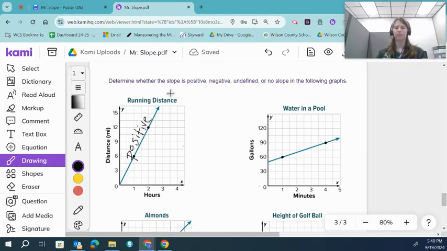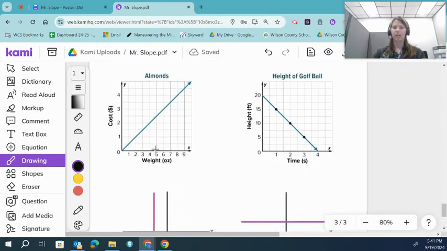It's positive, going up from left to right. And again, we have another less steep, but still positive slope here. I'll let you try that one.